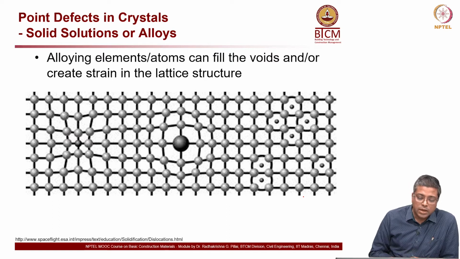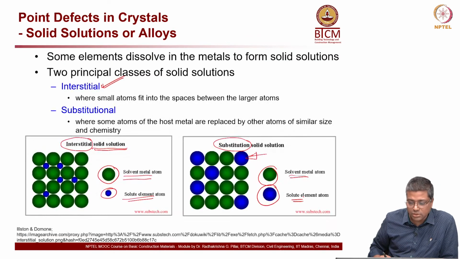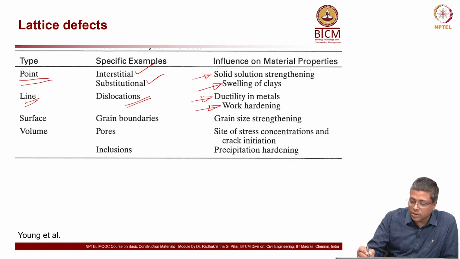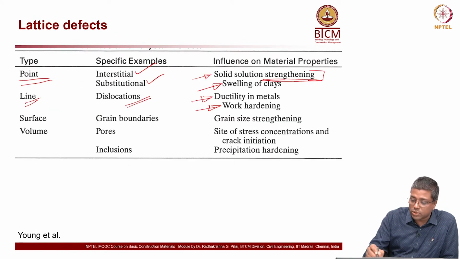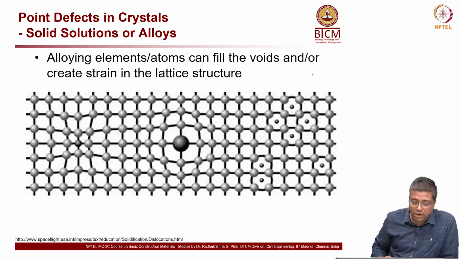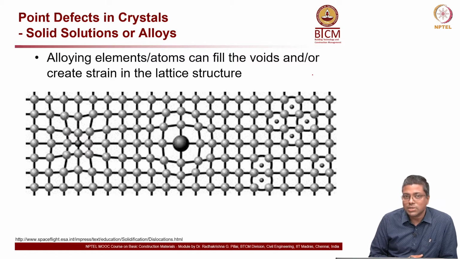Now, I already told that it might change the properties of the material. So, here we talked about solid solution strengthening. Strengthening means there is something to do with the strength, it is changing that, right. So, for example, when we mix carbon with iron, that is when we get steel. If you use only iron, it does not have very high strength.